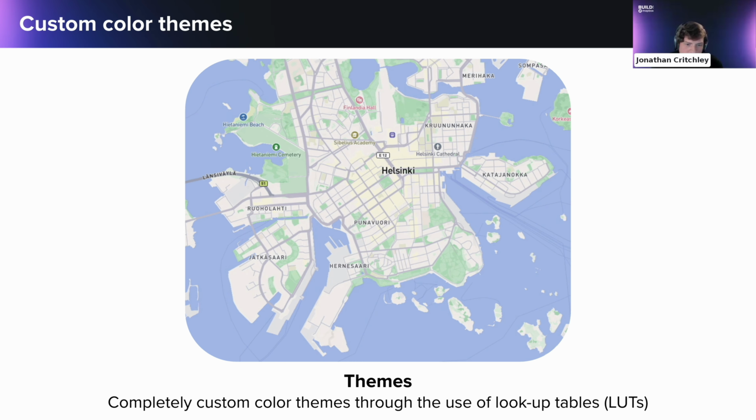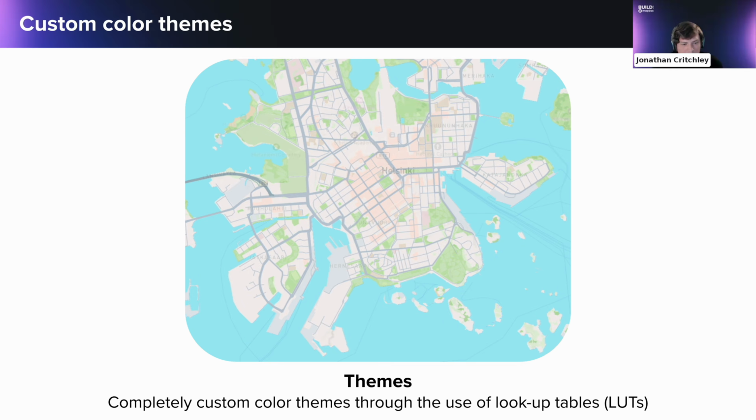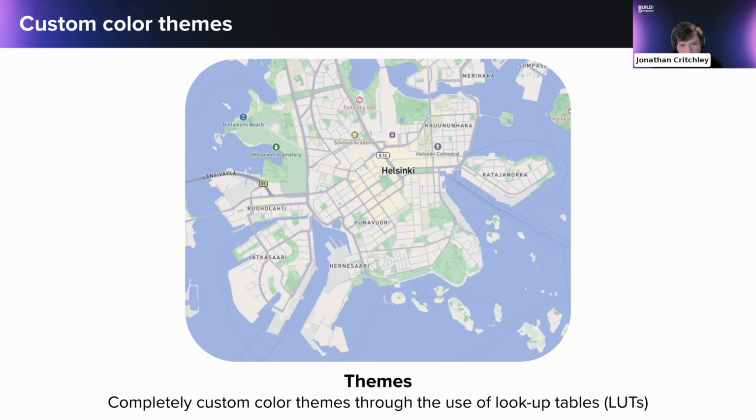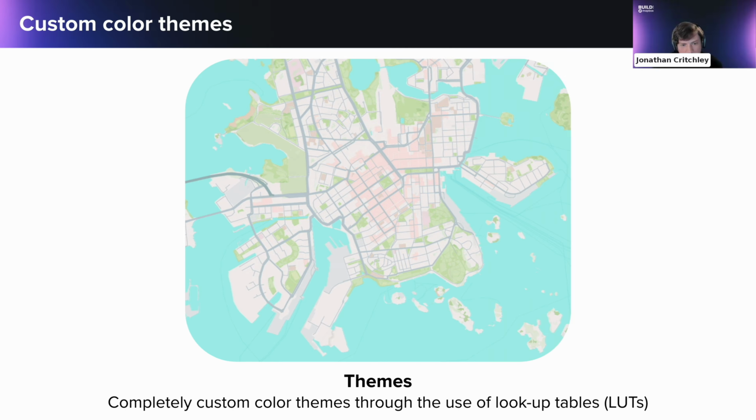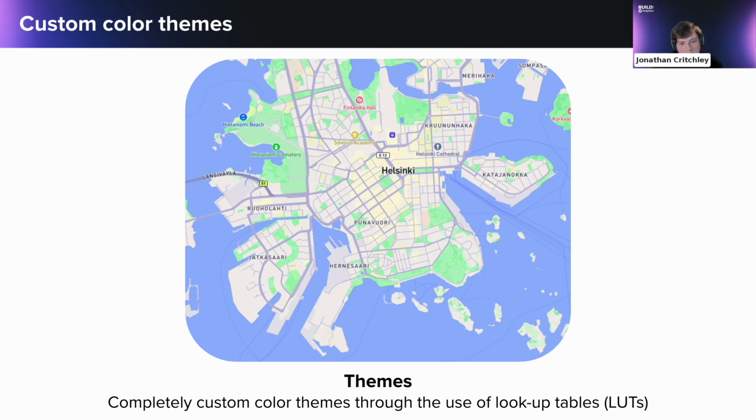And what you see on the screen, the different themes that are scrolling through, were generated by just adjusting the hue and saturation of the base map style. So this provides a single method to touch on all base map layers and dramatically adjust how the styling looks.